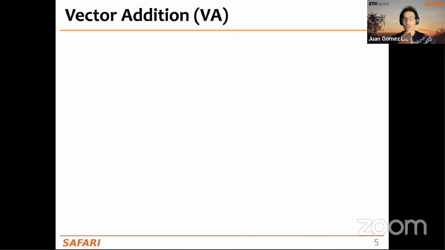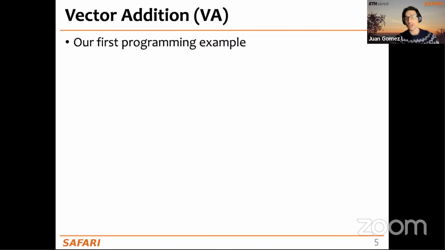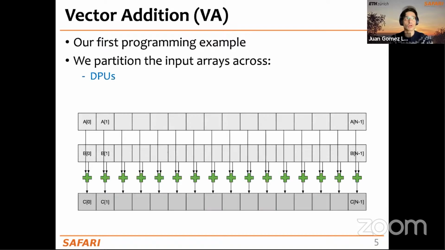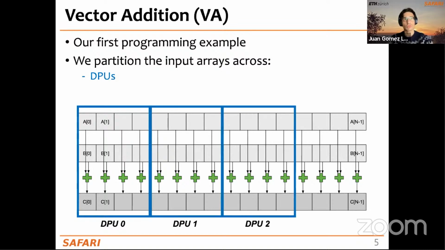In our last lecture, we had our first discussion about processing in memory programming. We talked about one initial example, which is a vector addition. Remember that in vector addition, if we want to implement this on a PIM system, what we will do is divide the whole computation into different chunks, each of them assigned to the different DPUs available in the system.